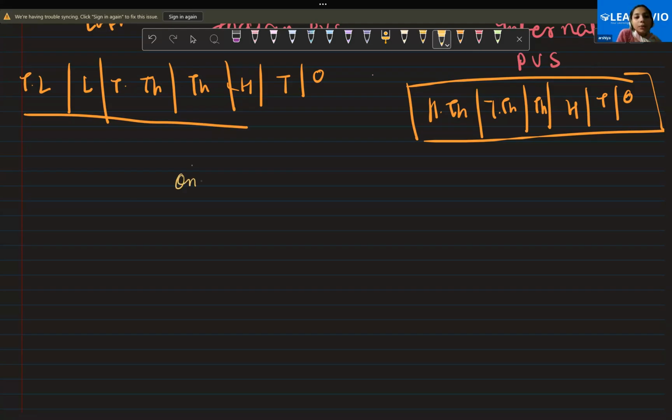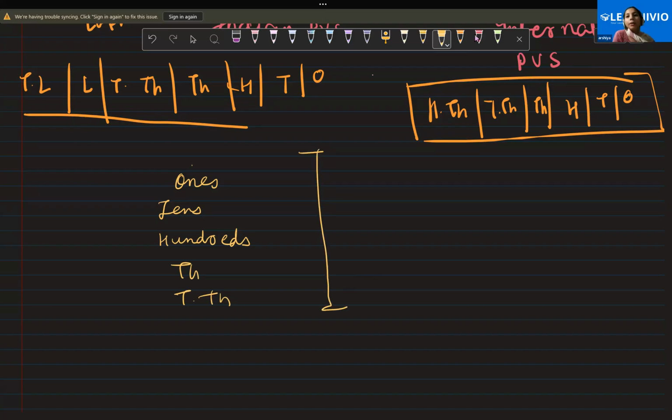So we have our place values as ones, tens, hundreds, thousands, 10,000s. If I want to write it, how will I write it? In the ones place, my number is a one-digit number.